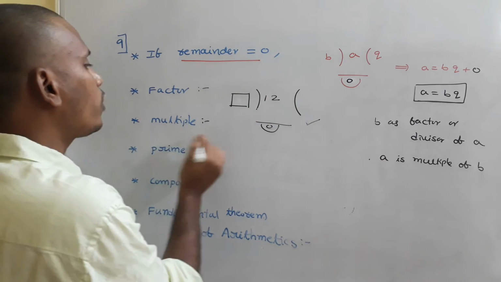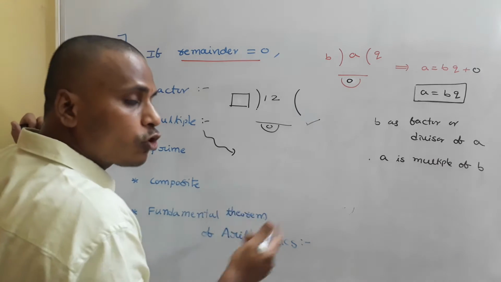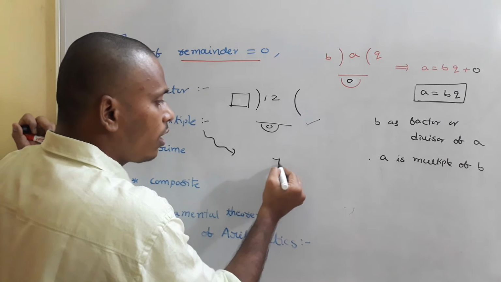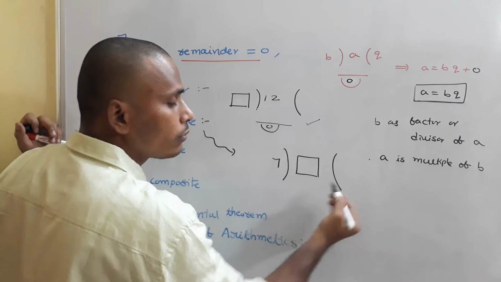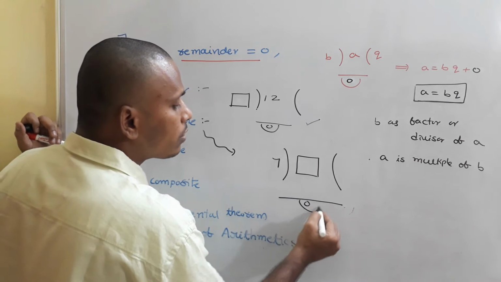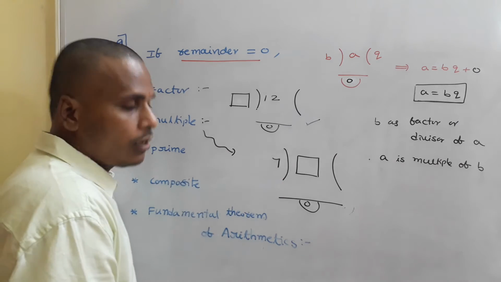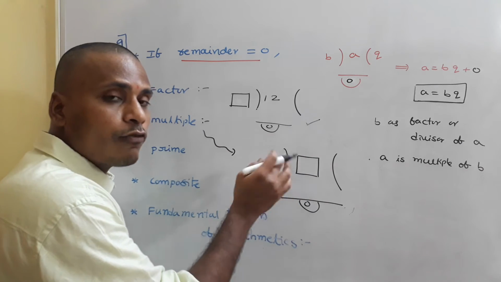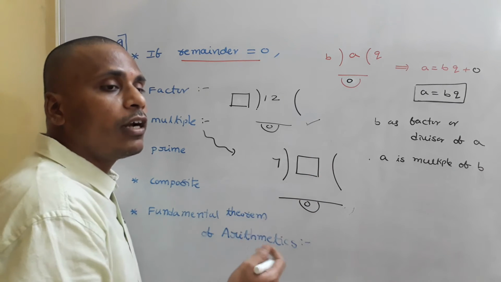In the same way, if I wish to think about multiples of 7, this is the position of multiple. I need to fill this blank, and all the possibilities of this blank are the multiples of 7. If I fill this with 7, 14, 28, everything leaves remainder 0, so all these are multiples of 7.